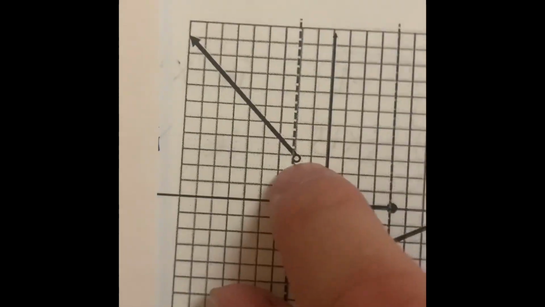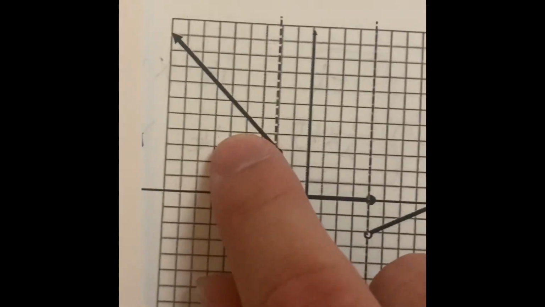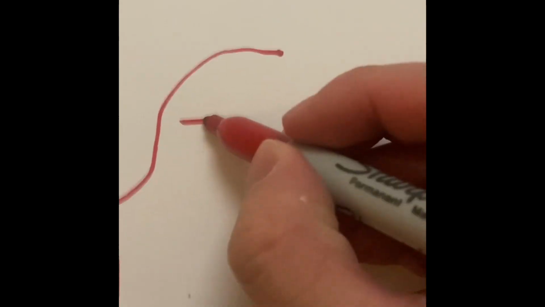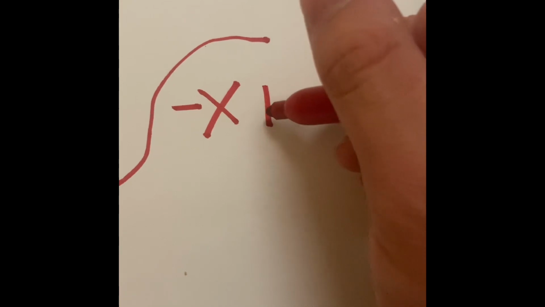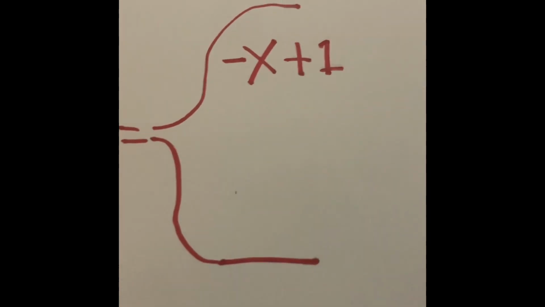Turns out it goes down by, here we start, we go 1, 1, 1, 1. So we understand that the slope is going to be negative x because it's going down by 1. What about the y-intercept? It's going to be at positive 1 if you continue the line. So negative x plus 1 is going to be for part number 1.